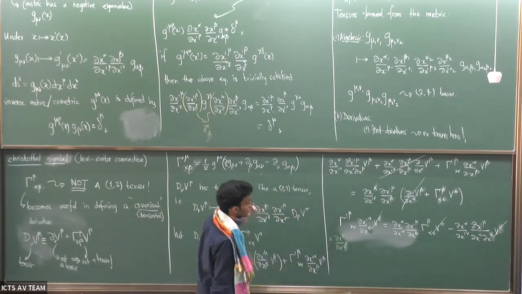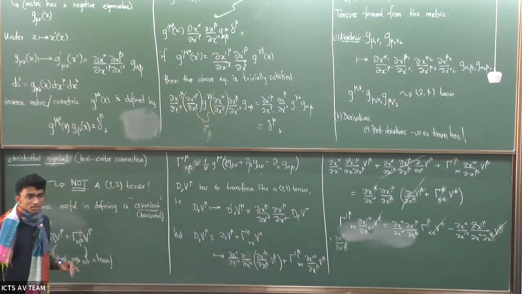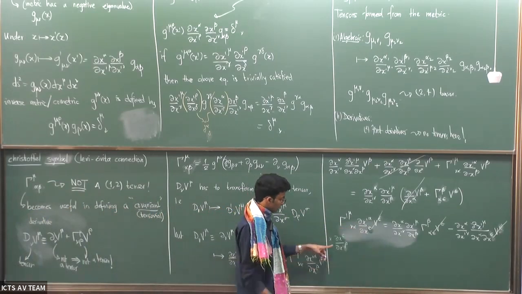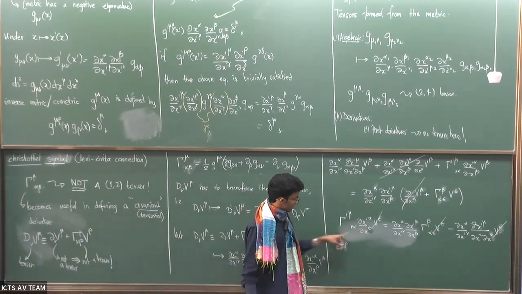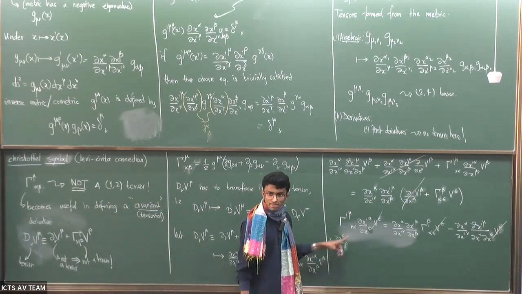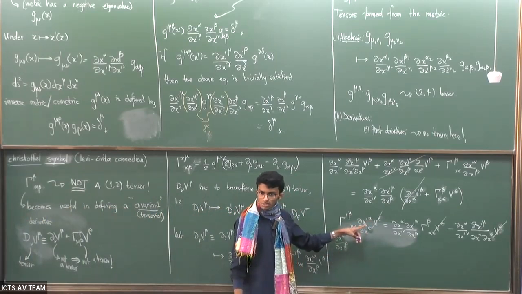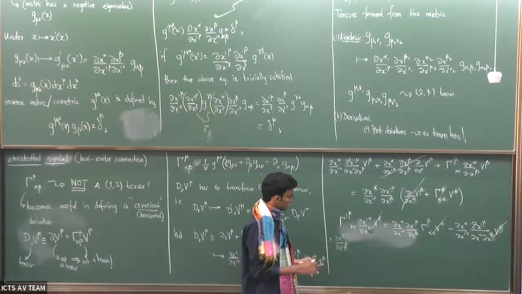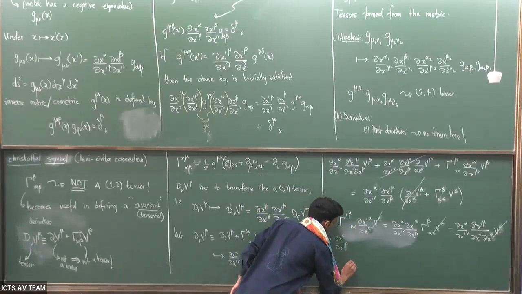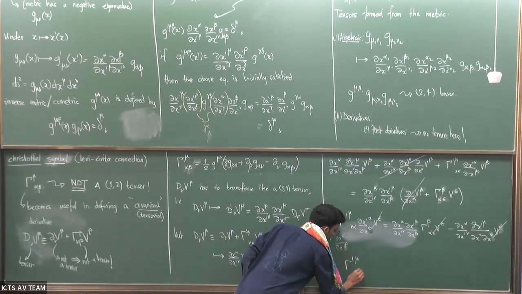Am I using a rho there? No. Yeah. This is okay? I'm just multiplying by the inverse of this matrix. So now this del x epsilon will just contract, and then that will give you del x prime alpha, del x prime rho. That's just delta alpha rho. Does this make sense? Yeah. And then the delta alpha rho will just set this alpha to rho. So you get gamma prime mu rho.